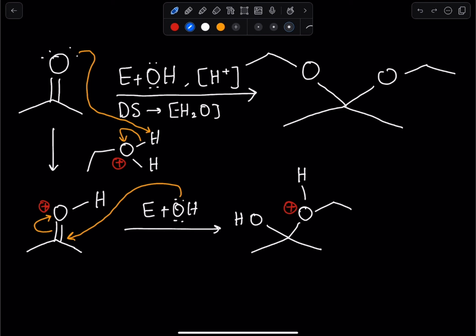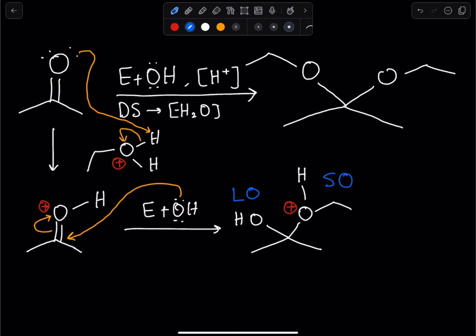Our goal should be to keep this oxygen on the molecule and kick this one out. So I'm going to call this oxygen with an ethyl group the staying oxygen, because it has to stay for us to make the product. And this oxygen has to leave because it has no alkyl groups. There's no oxygen without an alkyl in the product. So this is the leaving oxygen.